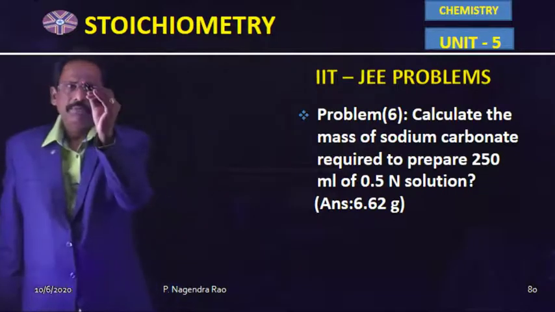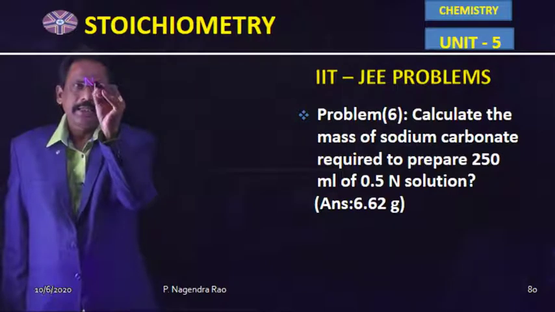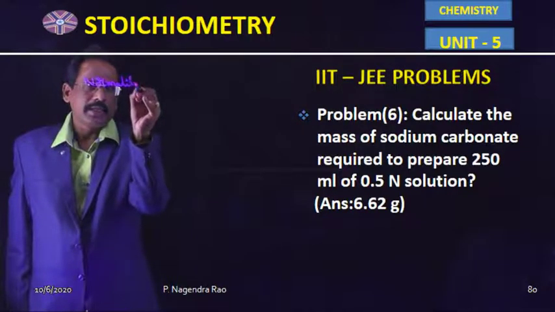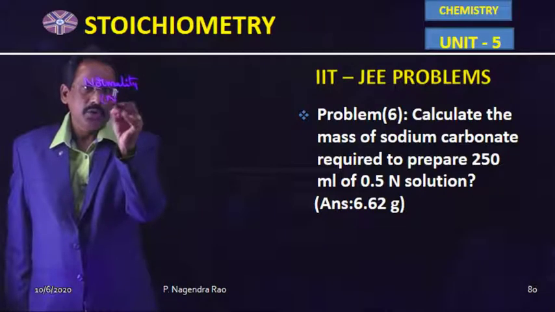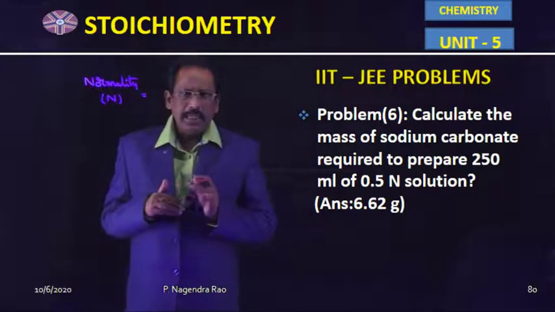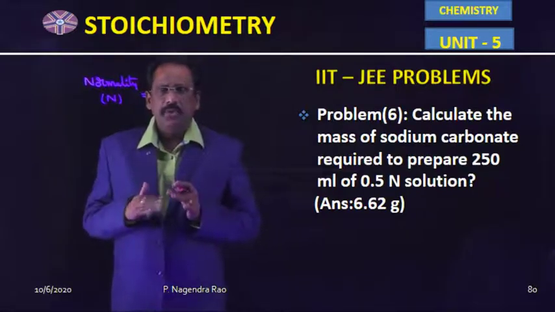So the formula to calculate normality is the number of gram equivalents of the solute.